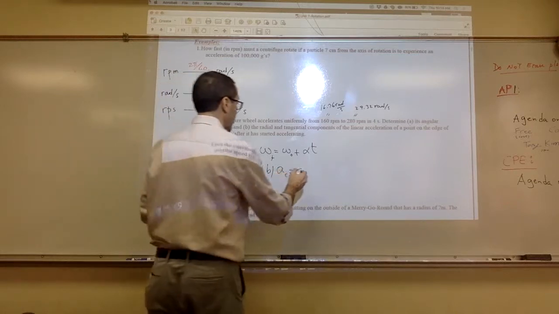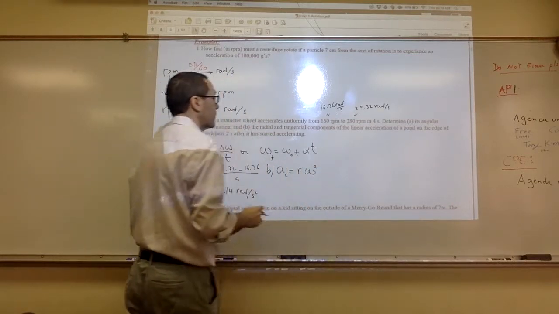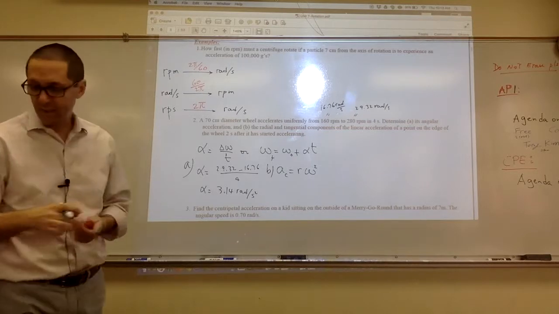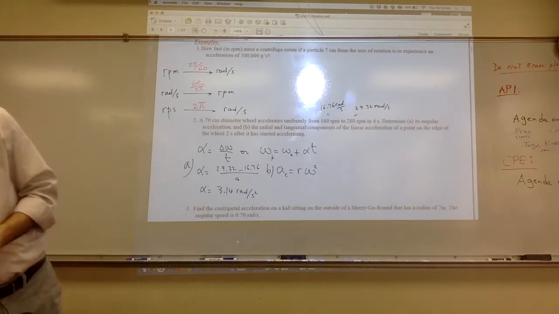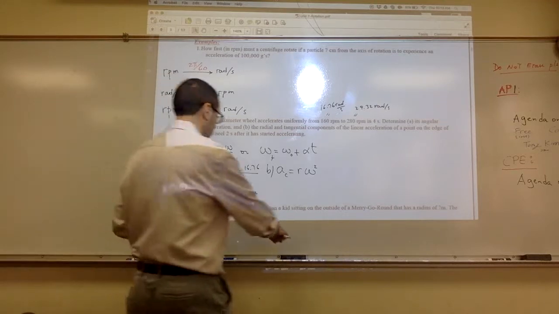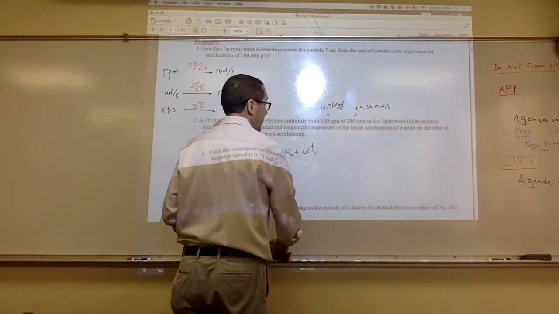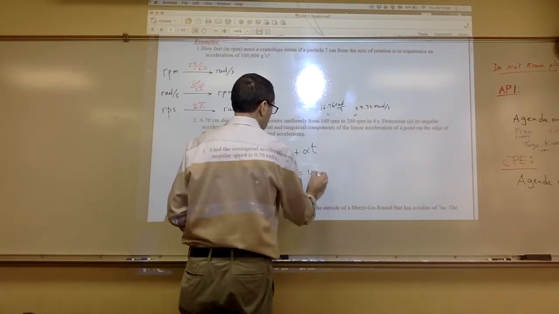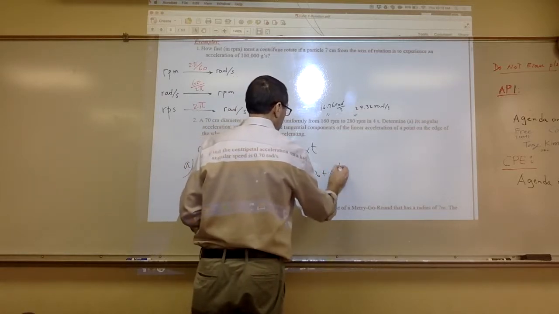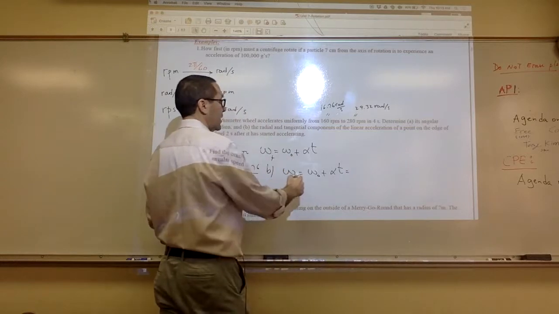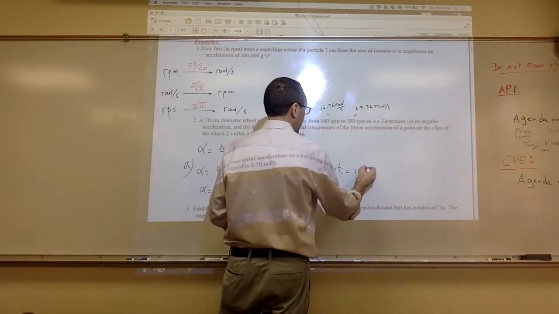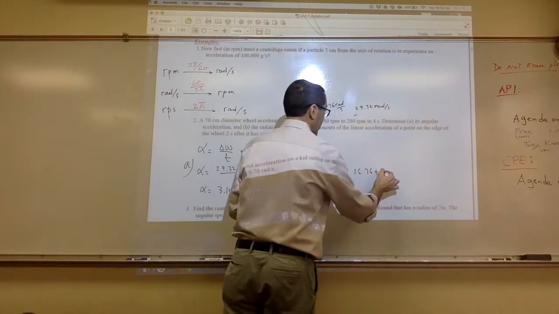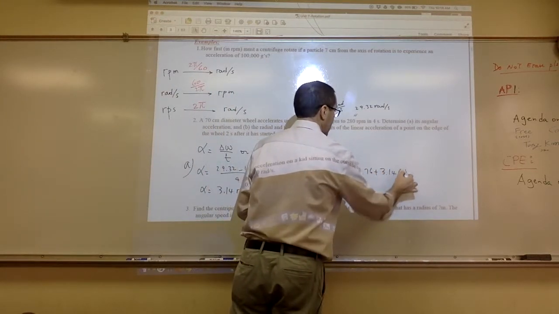R omega square. Okay. But we have to find the omega at 2 seconds, because this is talking at exactly 2 seconds. So the omega at 2 seconds is equal to the initial omega plus alpha times t, and omega initially is 16.76 plus 3.14 times 2 seconds.